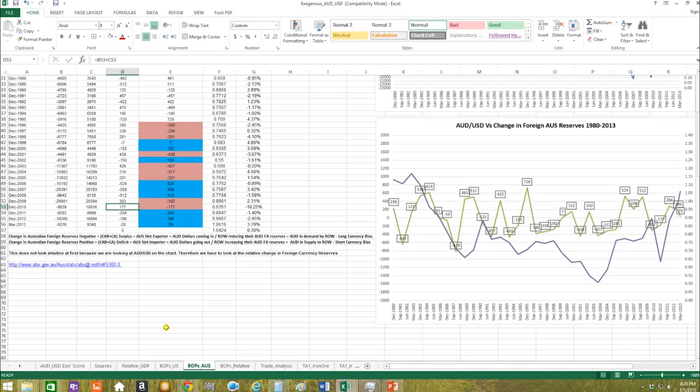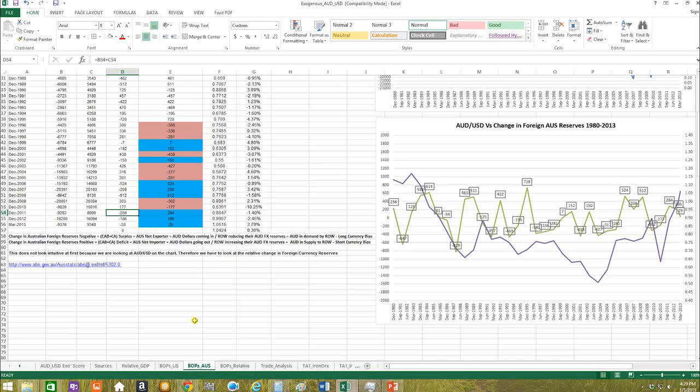If we look at the opposite situation, if the change in Australian foreign reserves is positive, so this number in column E is positive, what does that mean? Well, it means that the number in column D, the current account balance plus capital account, is negative. And this means that Australia is in deficit. They are a net importer.